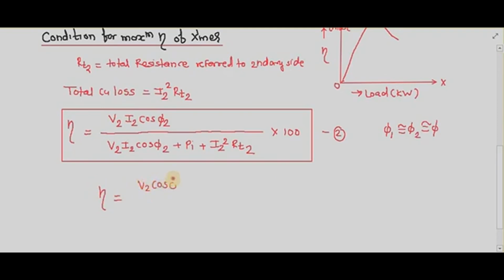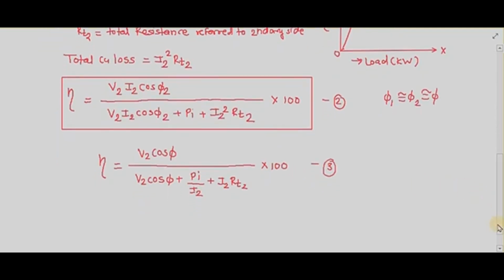V2 cos phi divided by V2 cos phi plus Pi by I2 plus I2 square RT2 by I2, which means I2 RT2, into 100. Let this be equation number 3.